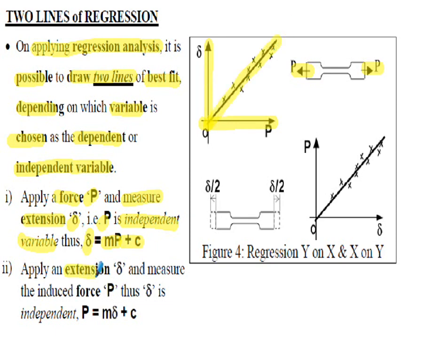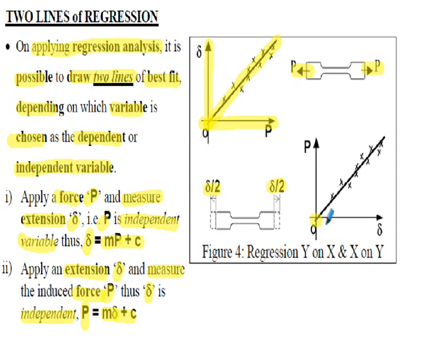Alternatively, we could apply an extension delta to our component, as shown here, extending the component, and then measure via strain gauge readings, etc., the force induced P. Thus now delta is the independent variable and P is dependent. Again, writing that in the form of y equals mx plus c, that would be P is equal to m delta plus c.